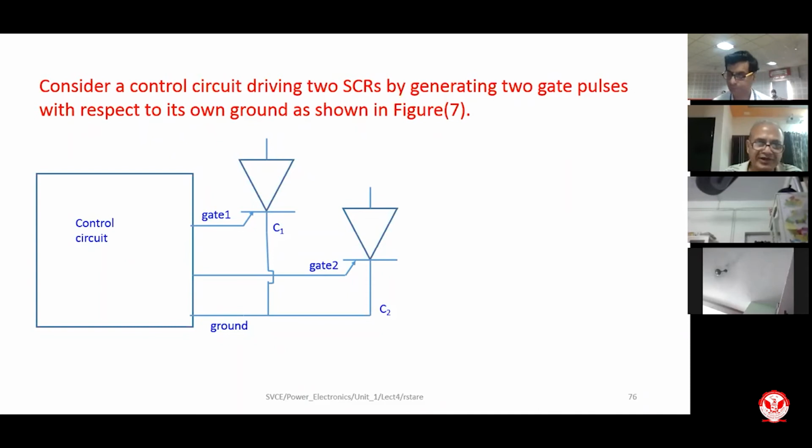So current is injected into gate 1 and collected from cathode 1, which is a power terminal. The other injects current into gate 2, collects the current from its cathode C2 and puts it back into the same ground. So essentially, I am connecting cathodes of the two thyristors C1 and C2 to the common ground potential.